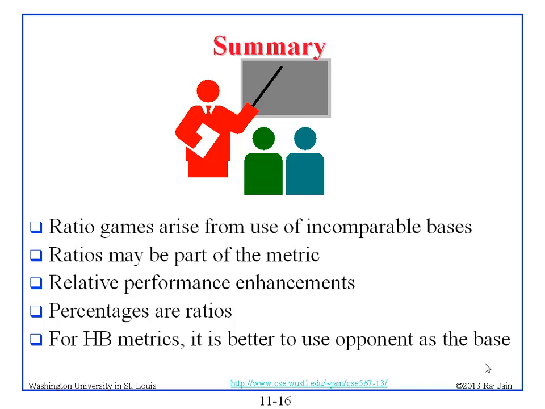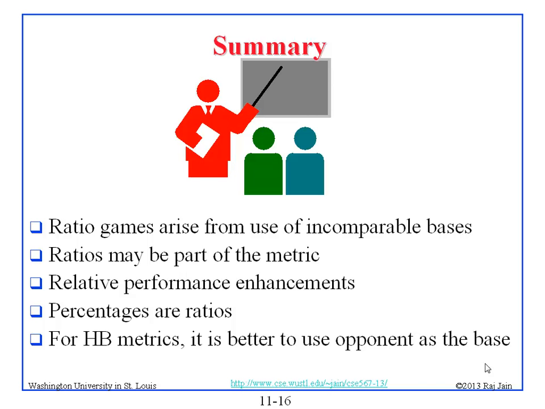They could be built into the metric, the performance, the relative enhancements or whatever you're measuring. And then percentages are in particular dangerous for that reason. Whenever you see a percentage, you have to know what the percentage is of and whether they are comparable.